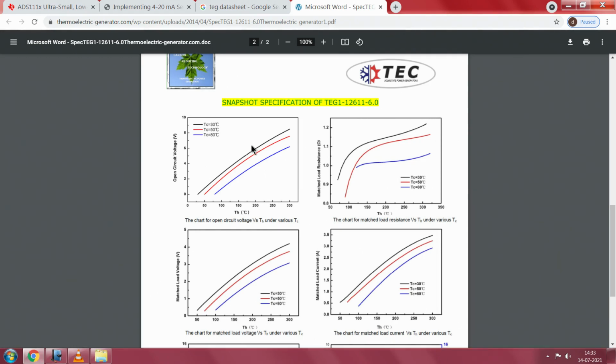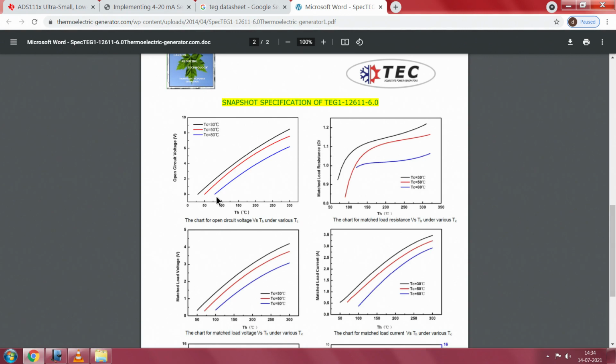So, let us say 50 degrees. Even if you take 50 degrees and you take this black line, it is coming close to 1 volt. What we were measuring was about 0.8, sometimes even up to 0.85 and so on. So, you are getting around that range.